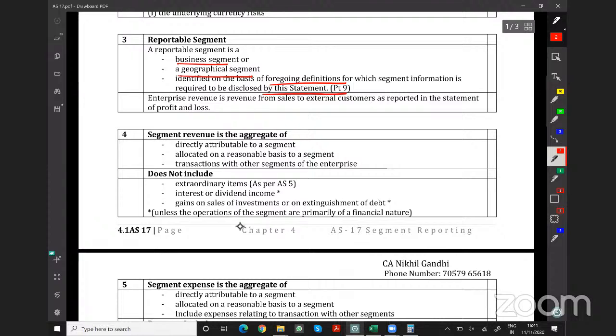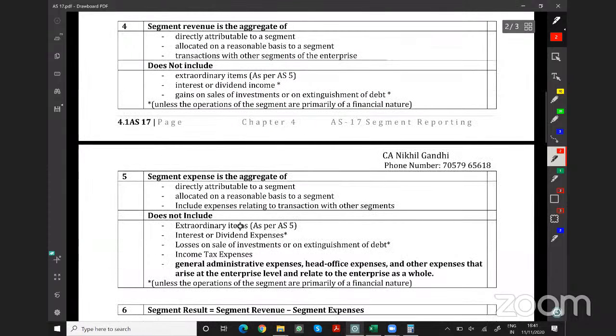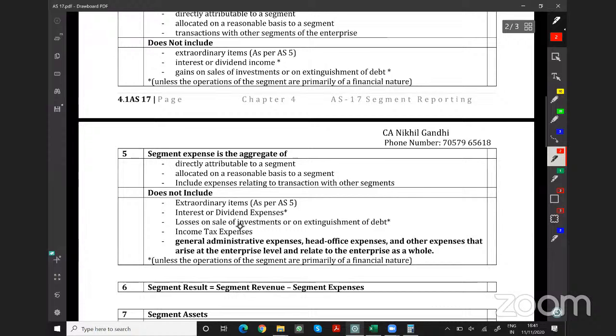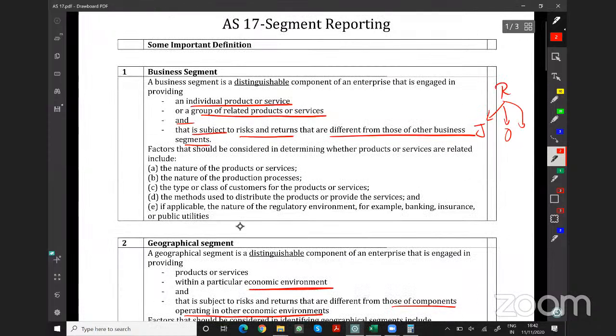So sir, what is segment revenue? Segment revenue means, see, we will take an example of Reliance. Reliance is in Jio and oil and retail and many more, but we will take an example of 3 only. Reliance Jio, Reliance Oil and Reliance Retail.